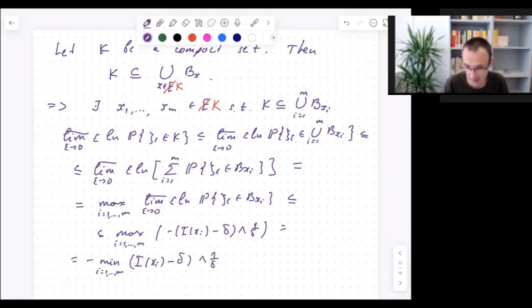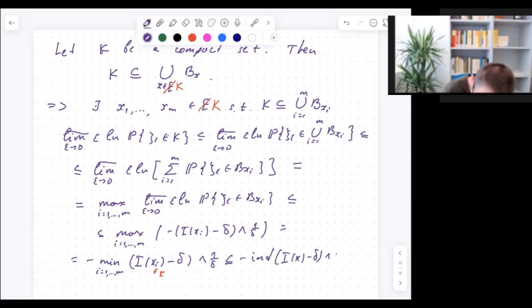Therefore you have minimum 1 over delta. And after that, you can say, okay, this minimum which is written here you can estimate from below by the infimum over K, because these xi are from K. And therefore, you will have that this is less or equal than minus the infimum of I of x minus delta, minimum 1 over delta.